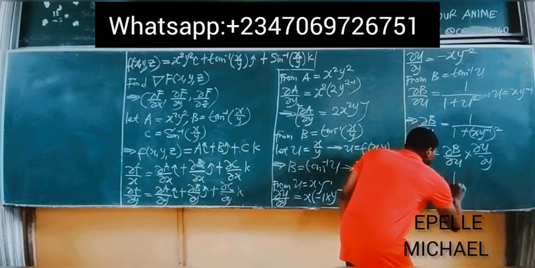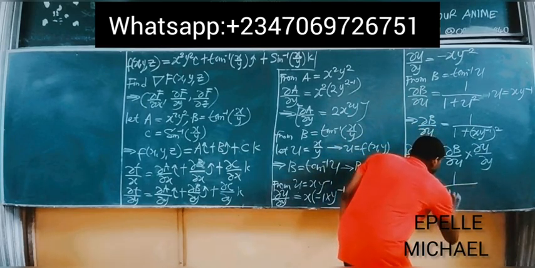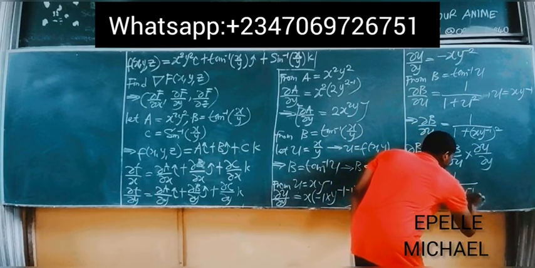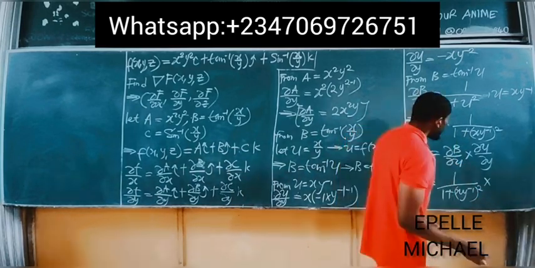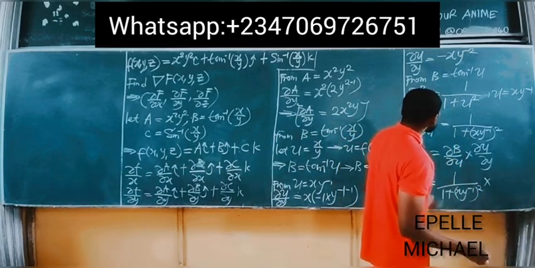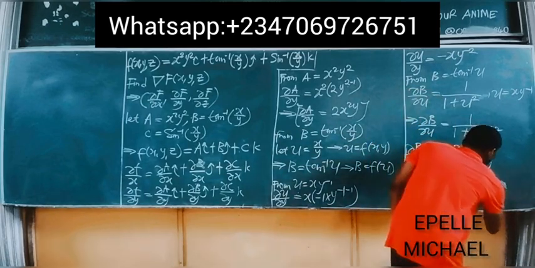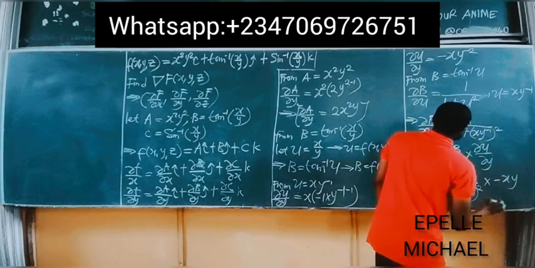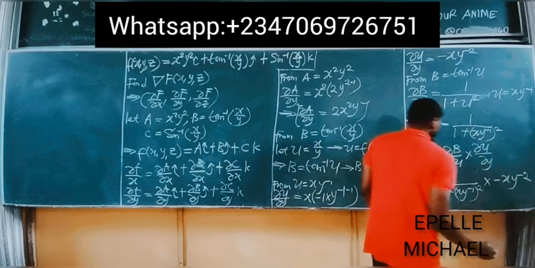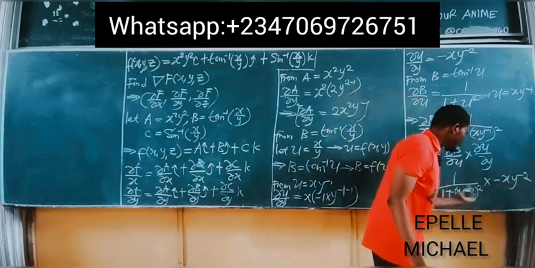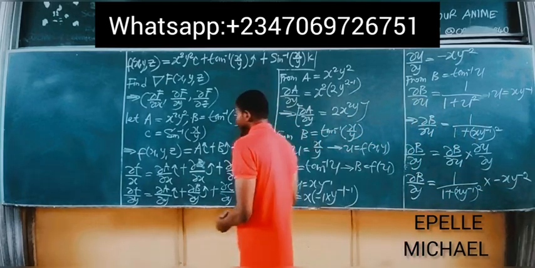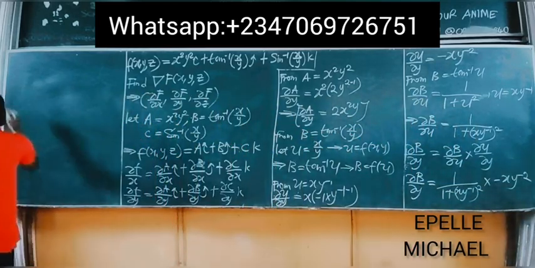We'll put that down: 1 all over 1 plus x y to the power of minus 1 all squared, multiplied by partial u over partial y, and partial u partial y gives us minus x y to the power of minus 2. So if we evaluate all that together, minus xy to the power of minus 2 multiplied by 1, gives us partial b partial y.